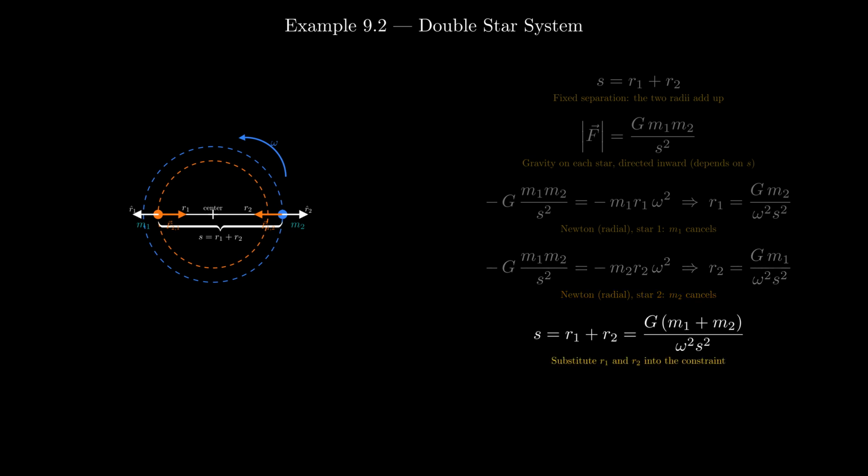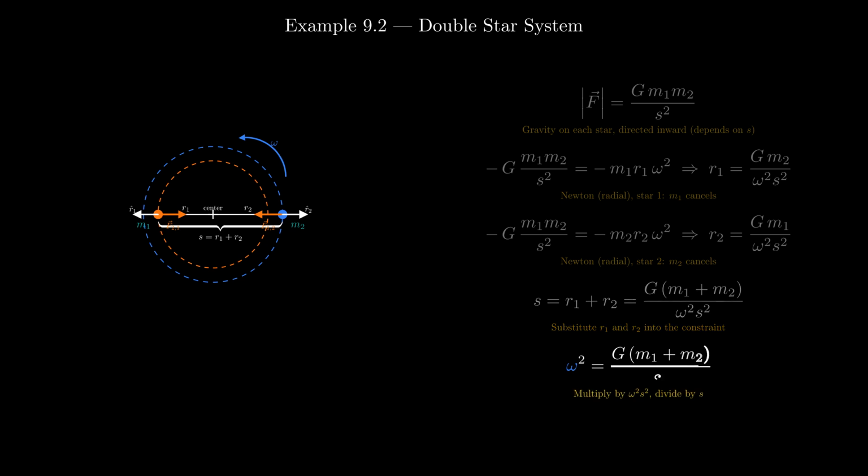Now use the constraint. The separation s equals r sub 1 plus r sub 2, which is G m sub 2 over omega squared s squared plus G m sub 1 over omega squared s squared. Combining the two terms, s equals G times the sum m sub 1 plus m sub 2, all over omega squared s squared.